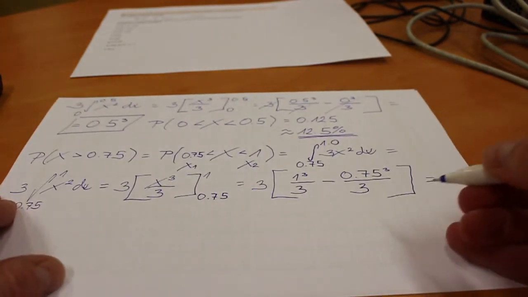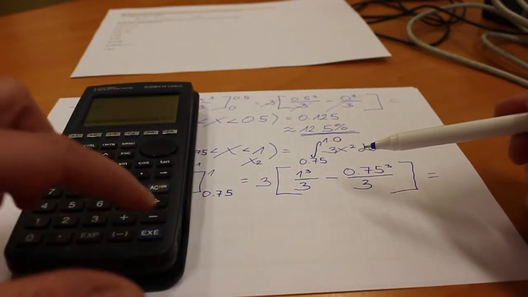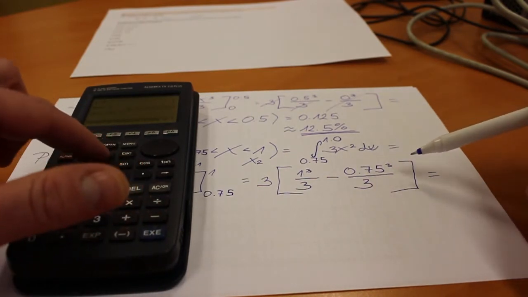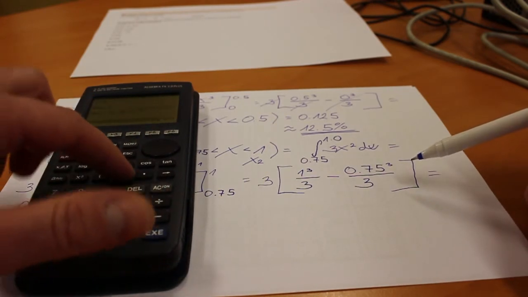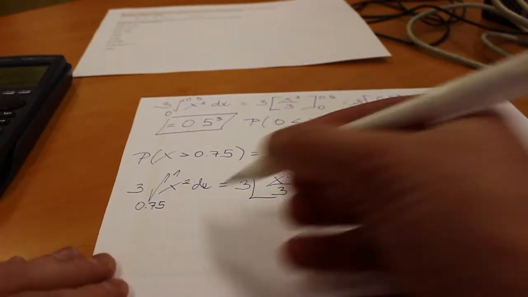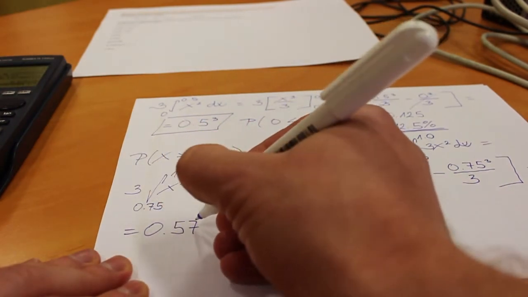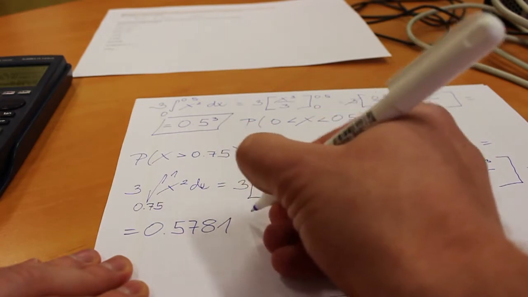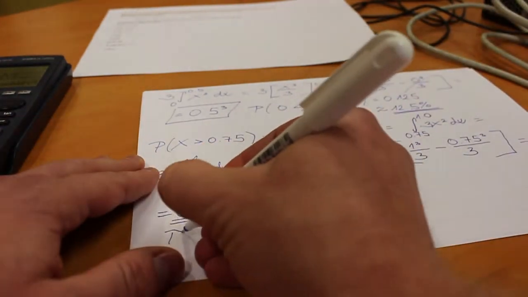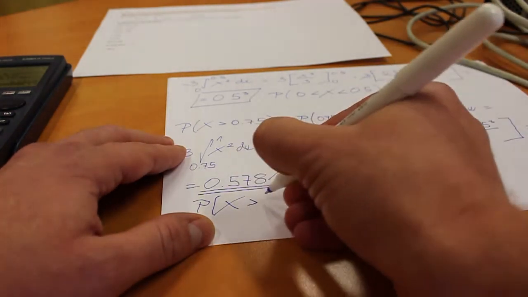Okay, so I will use a calculator. 1 to the power of 3 divided by 3 minus 0.75 to the power of 3 divided by 3, and this times 3. Enter. Result is 0.5781125.